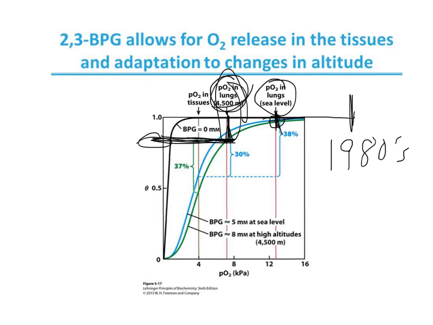So if you go in a hyperbaric chamber, you might be closer to 100 percent. You can't get more than 100% on binding, but you'll get super close to 100% at the higher concentrations of oxygen.